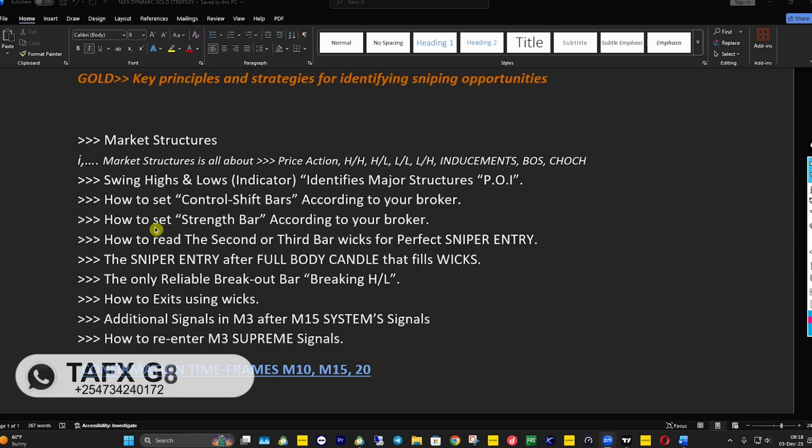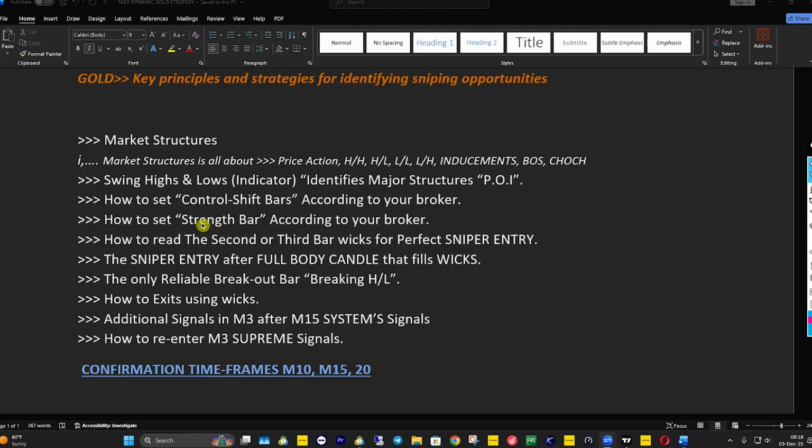Again, we are going to set the strength bar according to your broker, because these are the tools that make it easier for you to buy or sell, and to know when to buy or sell. This is our trick to capture your broker, so that you can be a profitable trader.